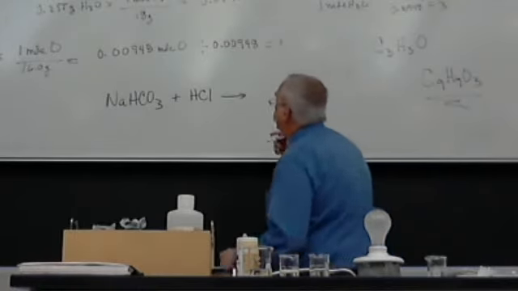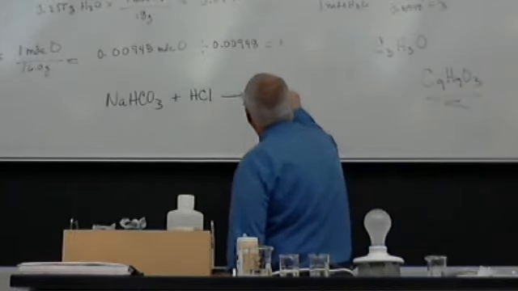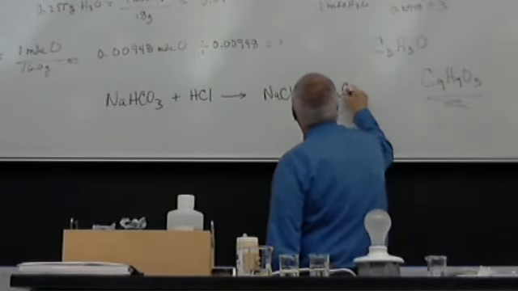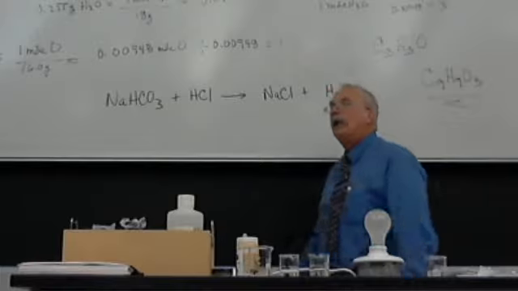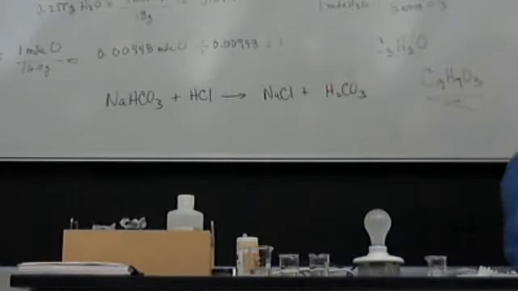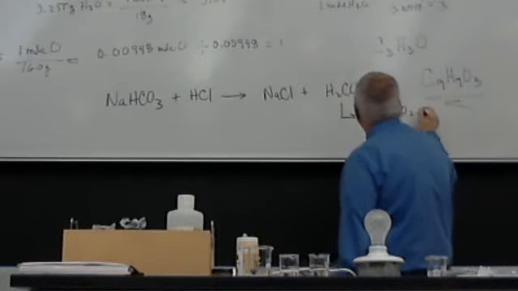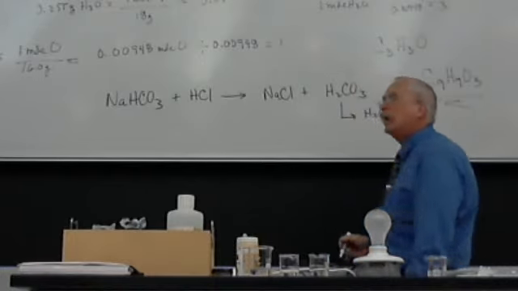And so the product here, switching the partners, we would get NaCl. Switching the other partners, we would get H2CO3. H2CO3 is a substance known to us as carbonic acid. Carbonic acid is somewhat unstable and actually undergoes a breakdown into water and carbon dioxide being a gas.